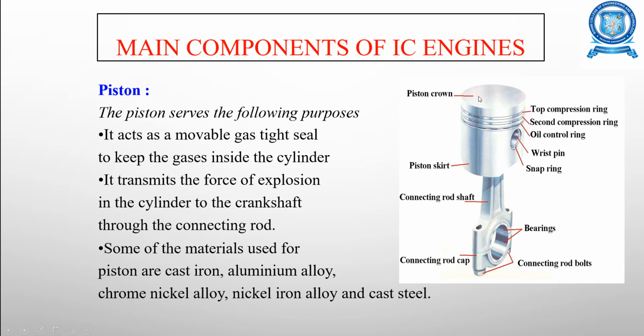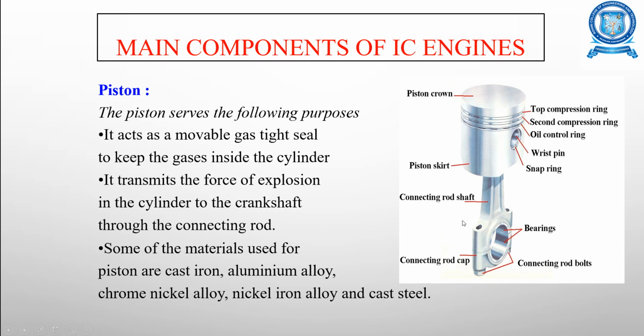So you have this piston crown at the top, and you have a top compression ring and the second compression ring, and the third ring is the oil ring, and you have a wrist pin snap ring which is used to connect the top end of the connecting rod with this piston, and you have this connecting rod shaft, and you have a connecting rod cap, connecting rod bolts, and the bearings, in which the big end of the connecting rod is connected to the crankshaft.